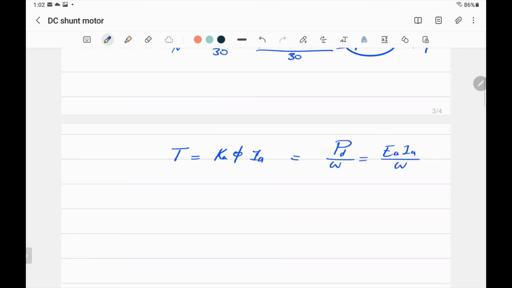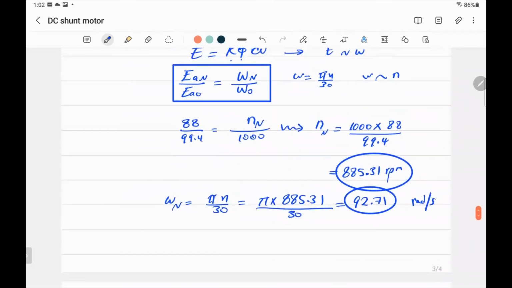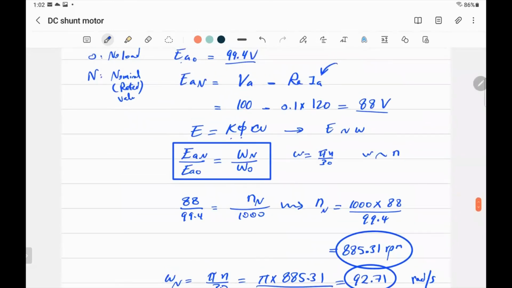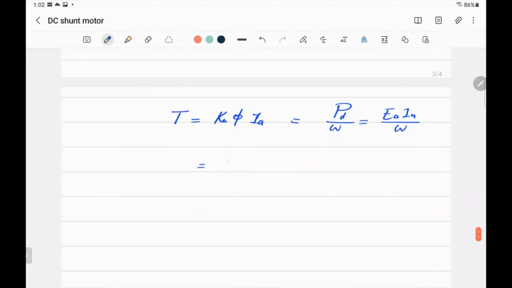All right, so now I'm going to use that. That will be EA Ia, and EA we got equal to 88 volts. Here we have it. That's the EA. And we know that the armature current at the nominal value is 120 amps.